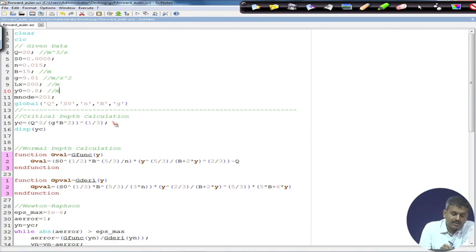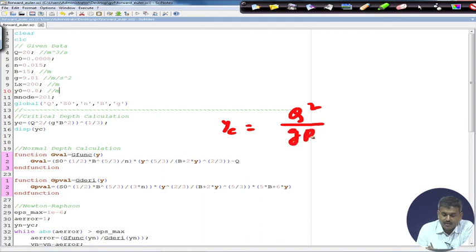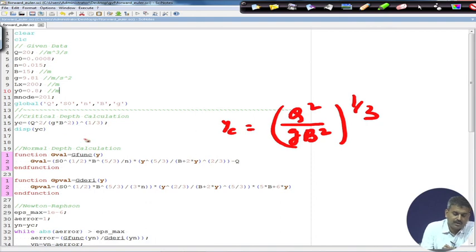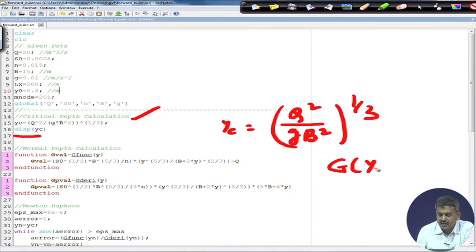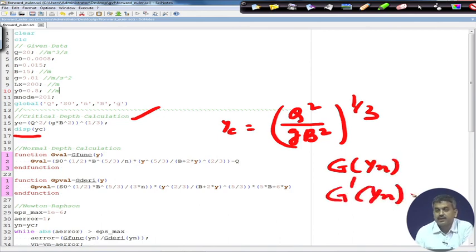Now, to calculate critical depth, Yc equals (Q square by g B square) to the power 1 by 3. So, that way I have calculated the critical depth. Now, for normal depth calculation, we need G of Yn and G prime of Yn.